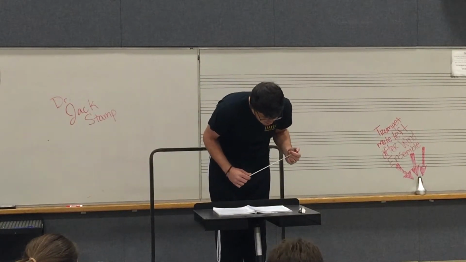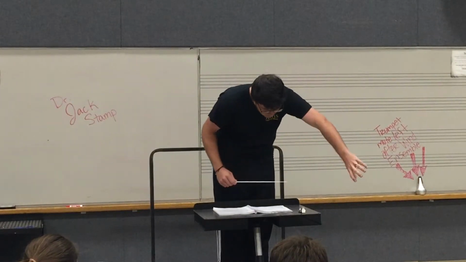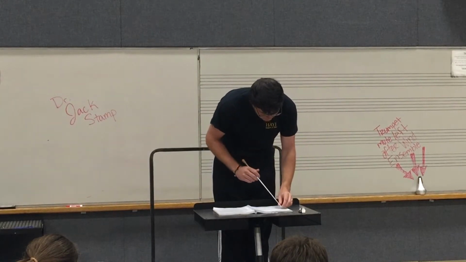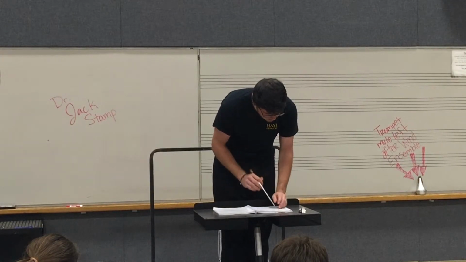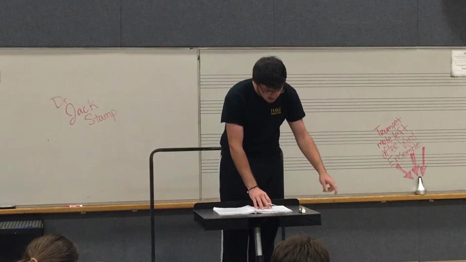Okay. And then when it splits into 5 parts, for the upper 3 parts, for the treble line, if you look at measure 2, the first beat, that's where it is for what I'm talking about right now. It's going to be flute 1, clarinet 1, trumpet 1 and 2 on the top line.